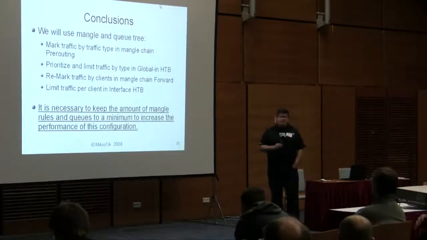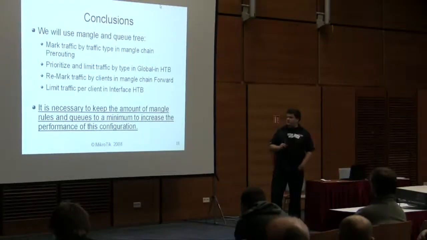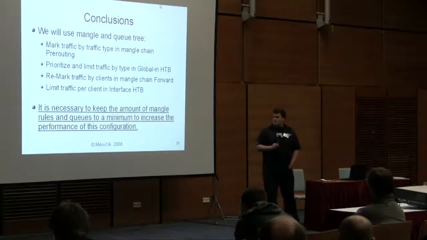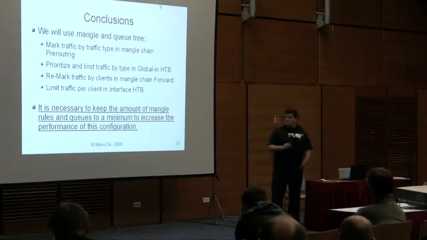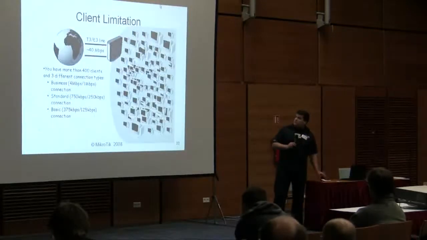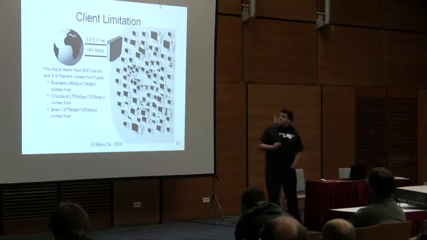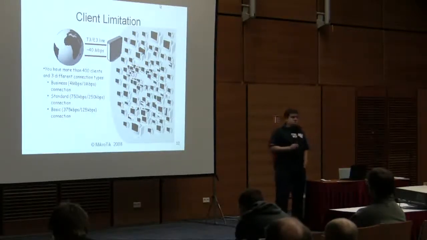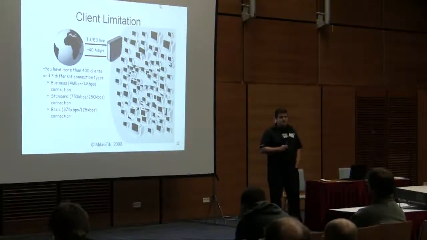The only thing that we need to keep in mind now is to keep our mangle rules and amount of queues to a minimum, so that we can increase the performance of this configuration. So let's see what can we do in this situation over here. So a typical situation for at least ISPs in my country.